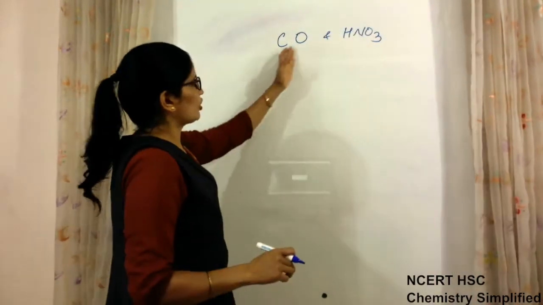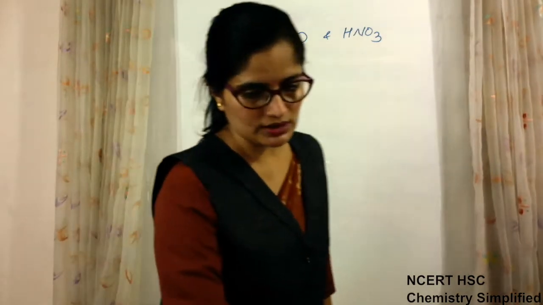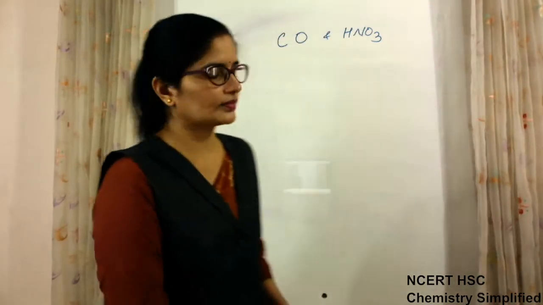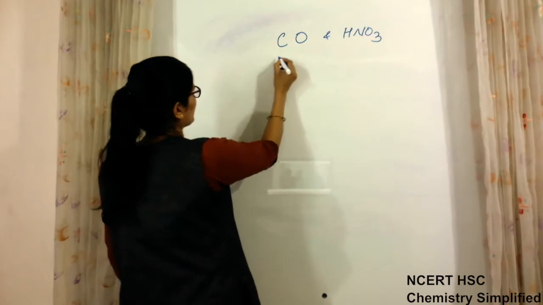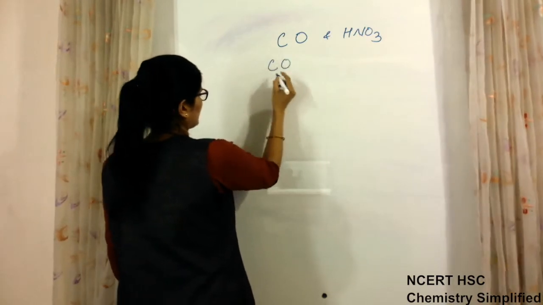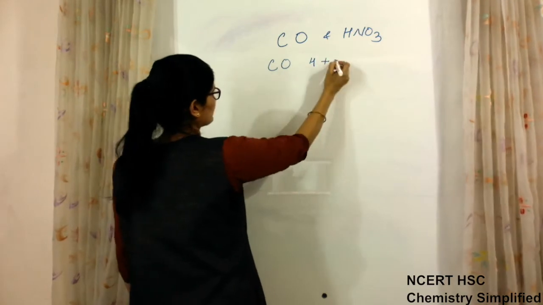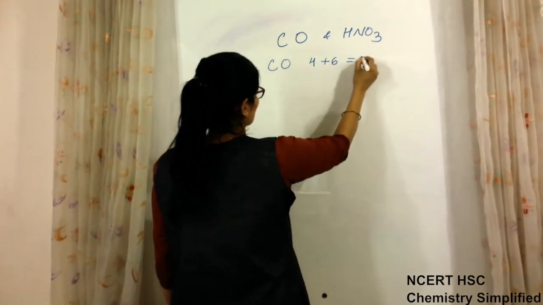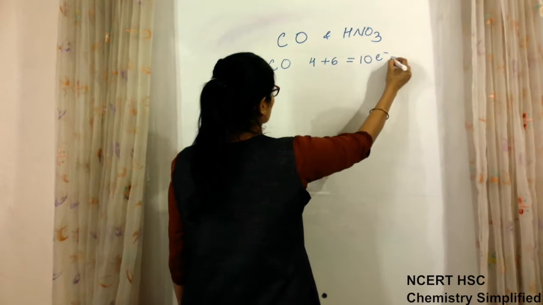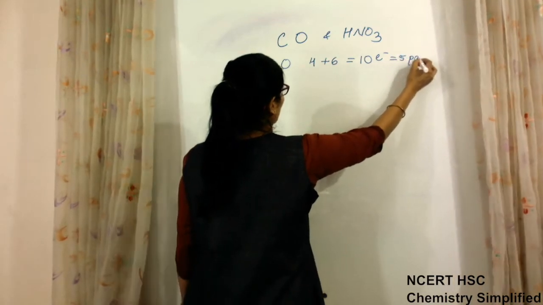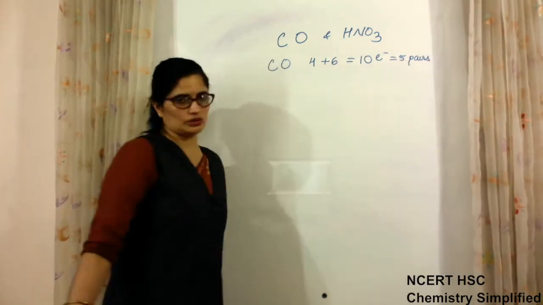So, for formation of carbon monoxide, let us see. Carbon valence electrons 4, oxygen valence electrons 6, total 10 electrons, equal to 5 pairs of electrons.